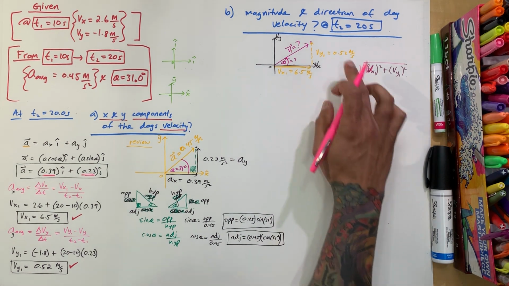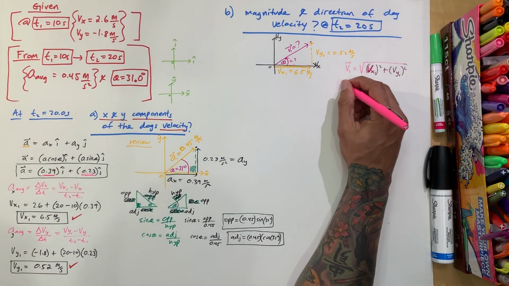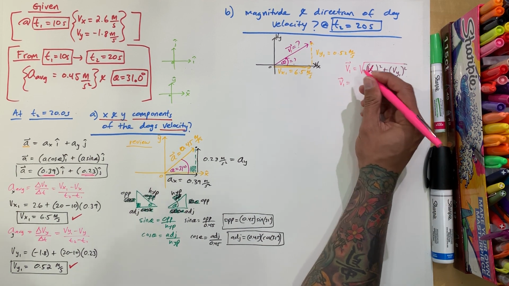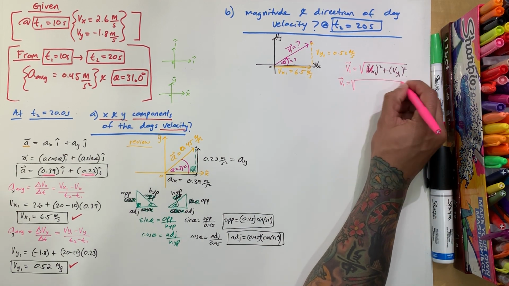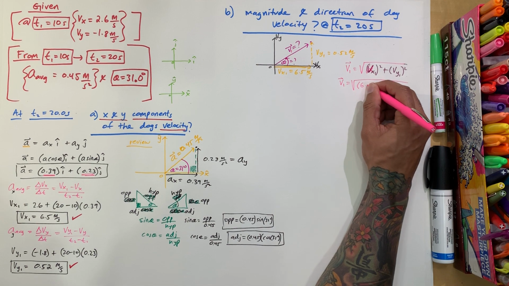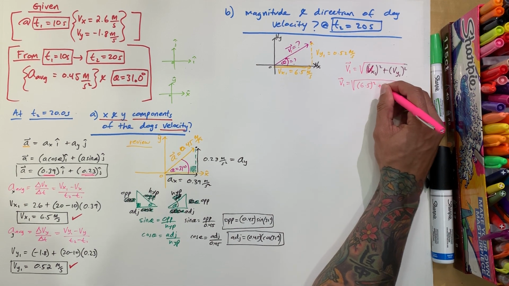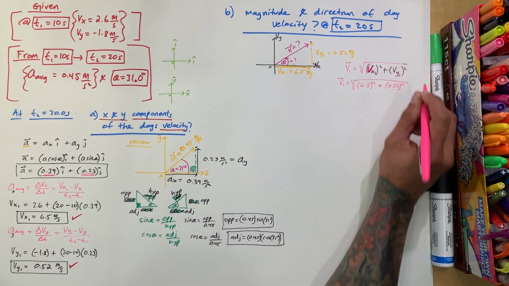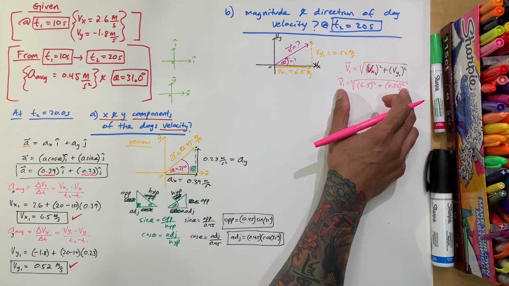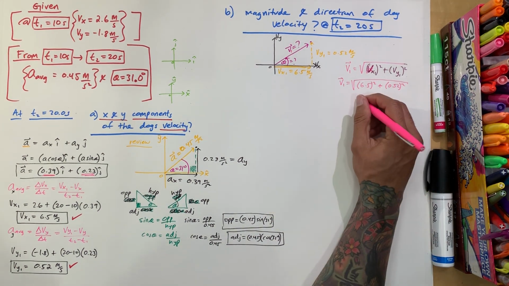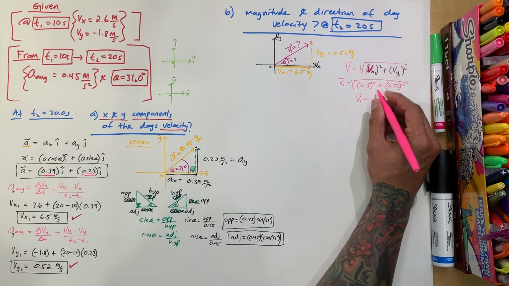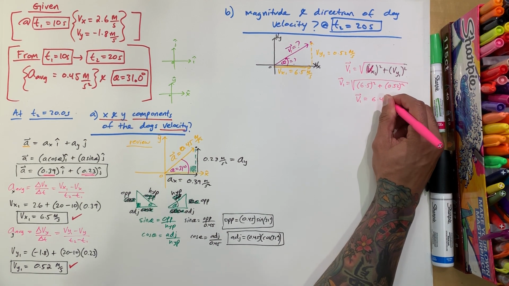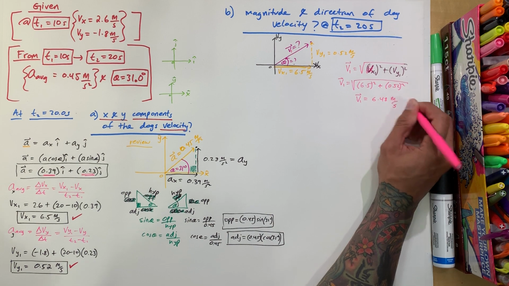We already have these numbers, so it's just a matter of plugging them in. So we got 6.5 squared plus 0.52 squared, and after a couple of calculations, the magnitude is 6.48 meters per second.